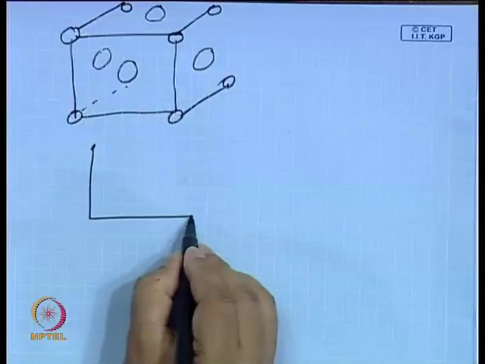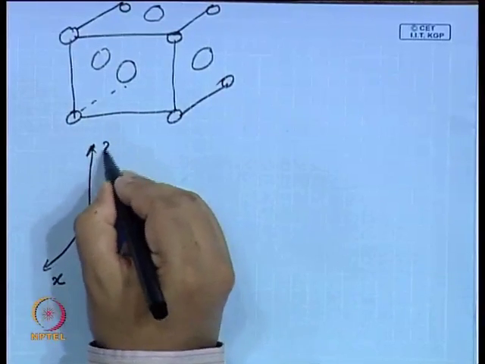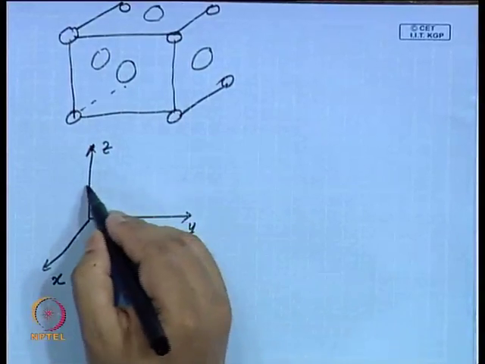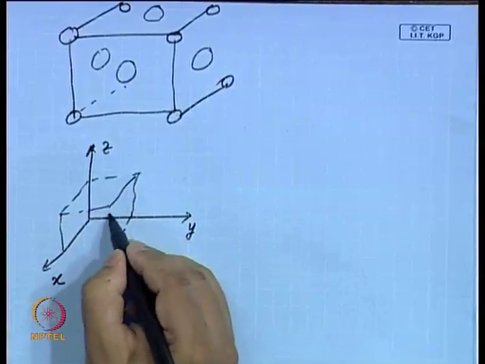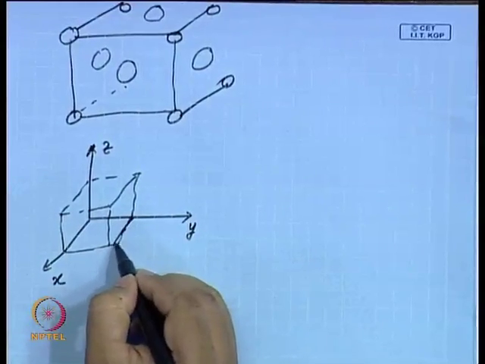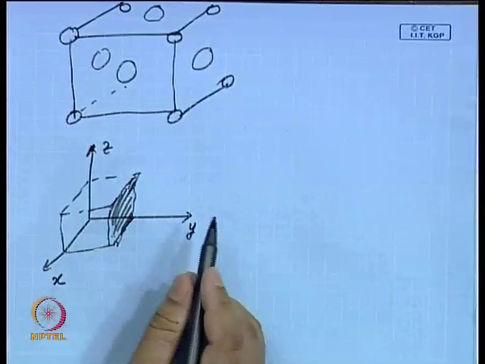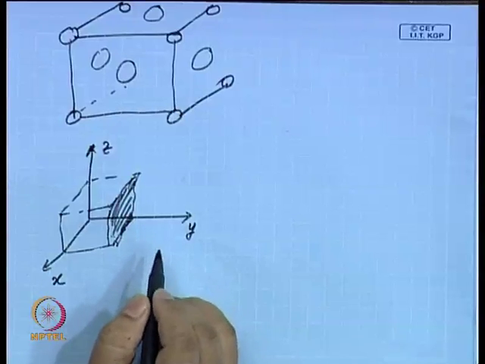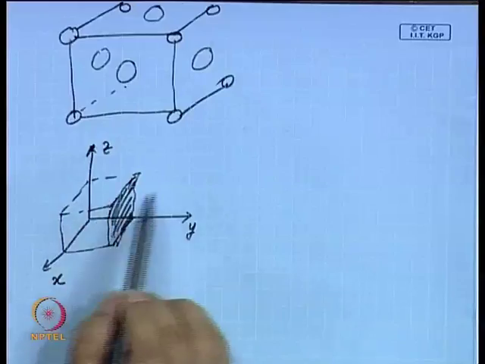As per the Miller indices, if I look at a cube, I find one plane making intercepts to the x, y and z axis. What is the value of that intercept? I will have an intercept for the x axis, another for the y axis, another for the z axis for each plane, and the reciprocal of that intercept gives these numbers that I have here.